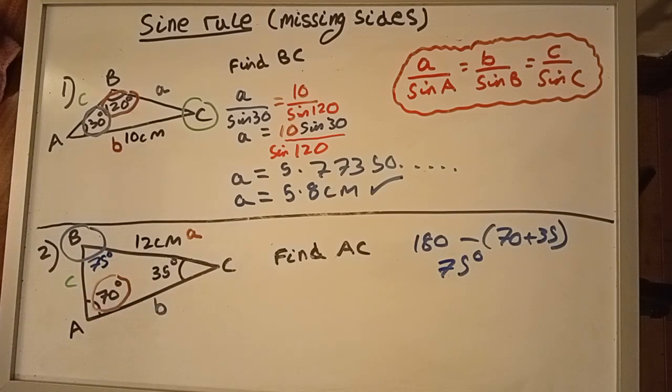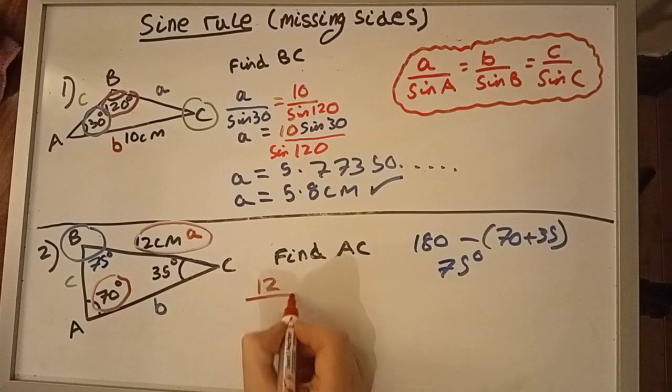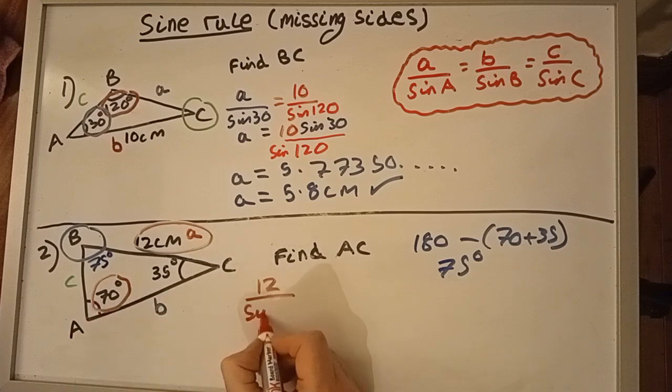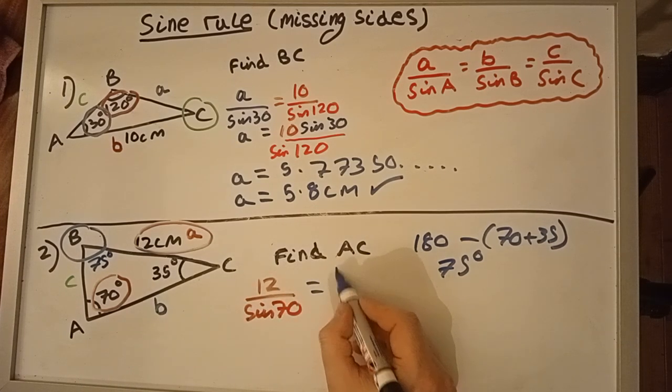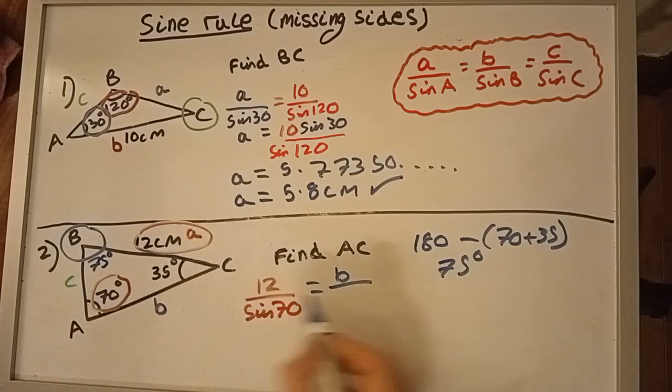And now I've got all the information so I can use my sine rule. So let's look again. We've got these two paired together that we know. So again, we're going to have the side on the top. So it's 12 over sine 70. Lovely. And that's equal to b, that's what we're trying to find, side AC. So b over sine 75.